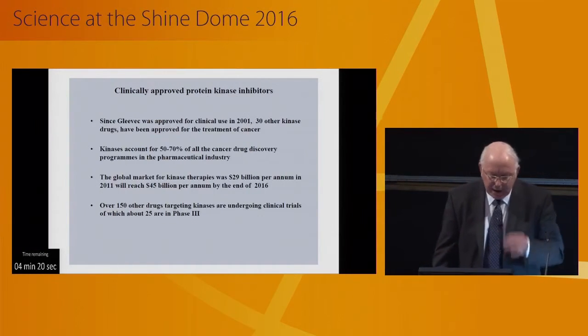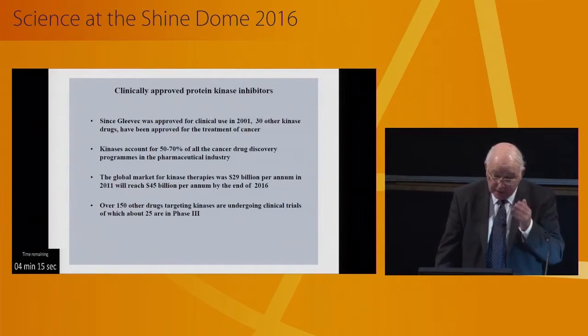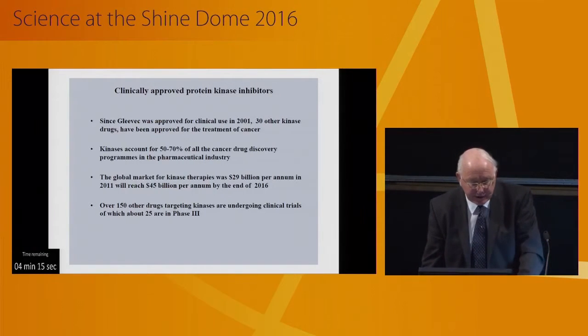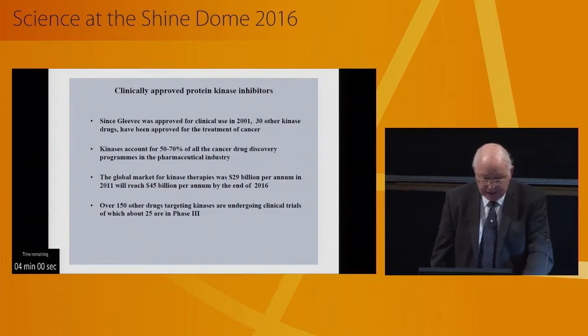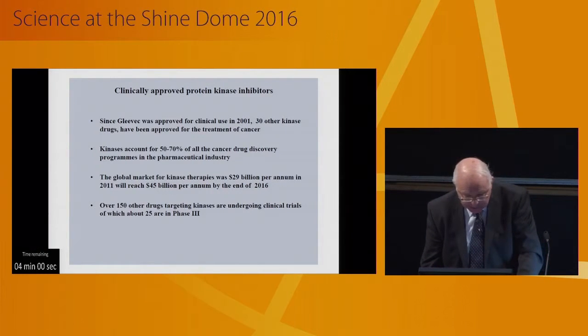So where are we now in this area? Since Gleevec was approved, there are 30 other kinase drugs that have been approved for the treatment of cancer. Kinases account for something like half or more of all the cancer drug discovery programs in the pharmaceutical industry. You can see that they now make a large amount of money.